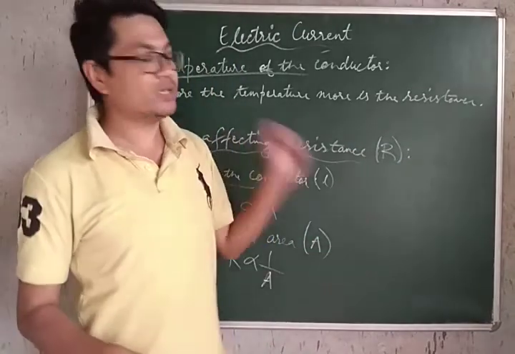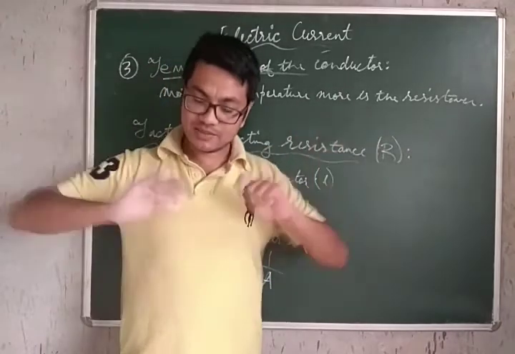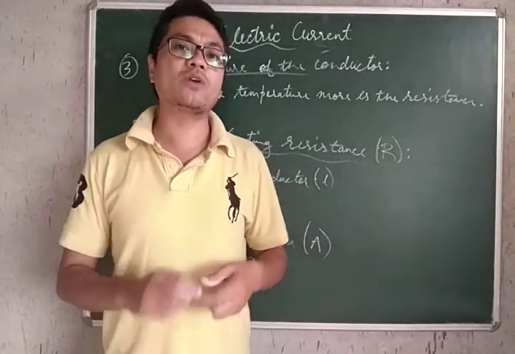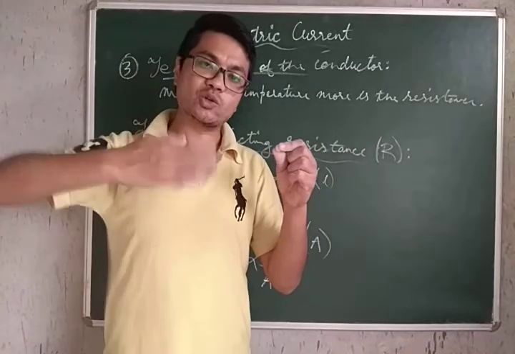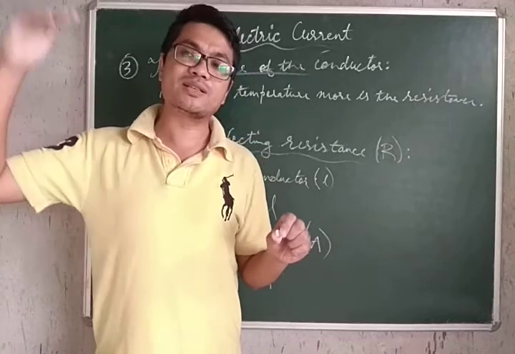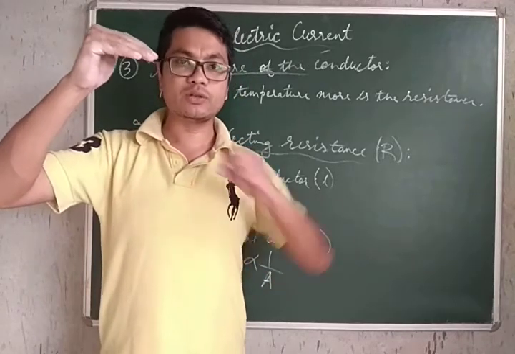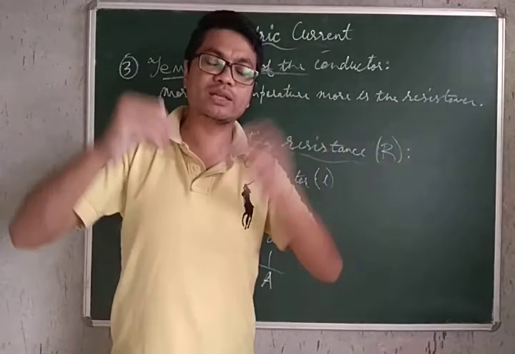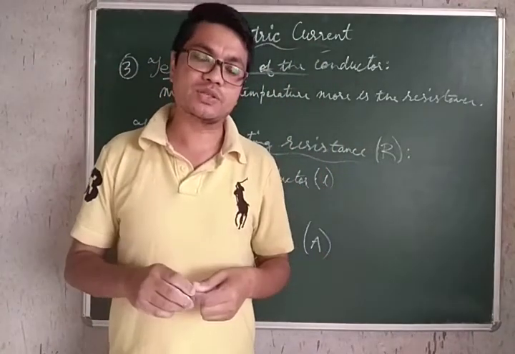Now as the temperature increases, the ions and the atoms start vibrating. So there are more chances of the free electrons that are roaming about freely inside the substance colliding with very fast moving ions and atoms.